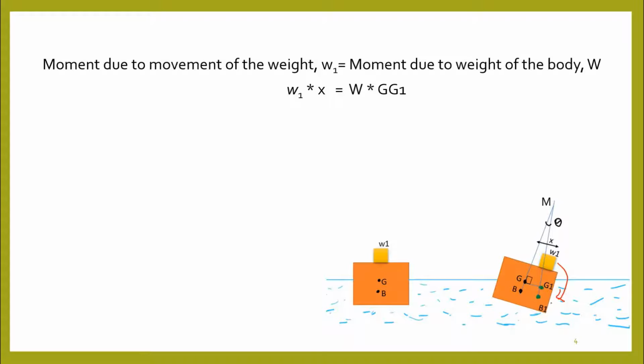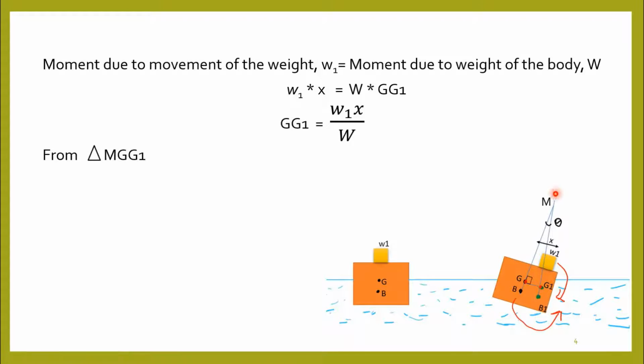To keep the entire setup in equilibrium, the total weight should act anti-clockwise, W into the distance GG1, where G is the place at which the weight acts, the center of gravity. So W into GG1 should be equal to W1 into X. From this we can write GG1 is equal to W1 into X by capital W.